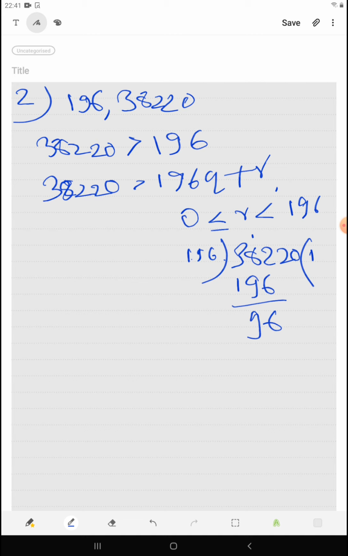7 minus 17. So 17 minus 9 is 8, and 2 minus 1 is 1.